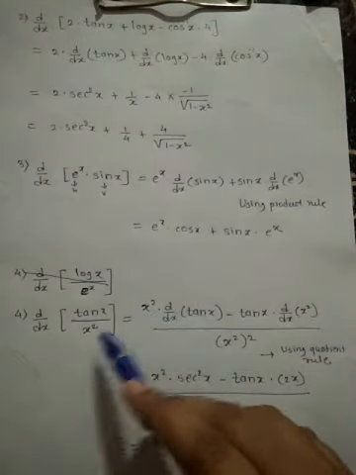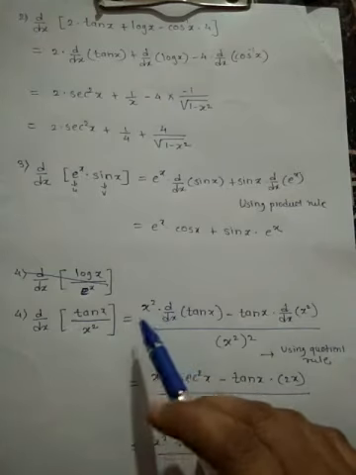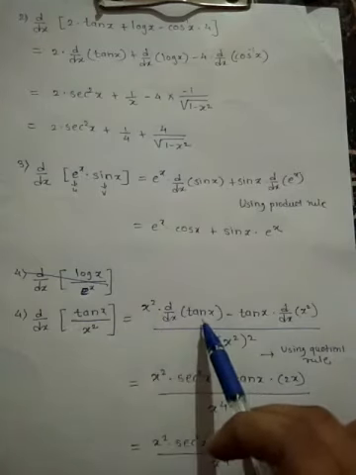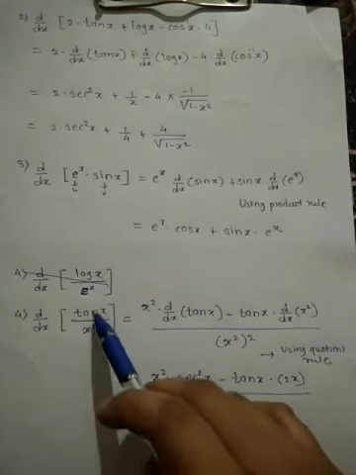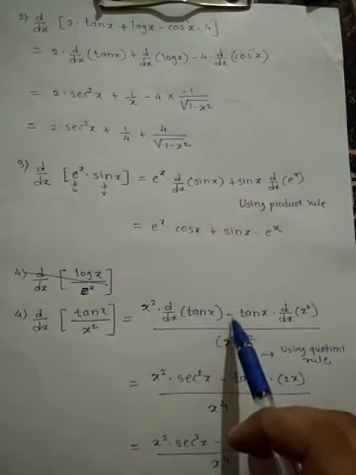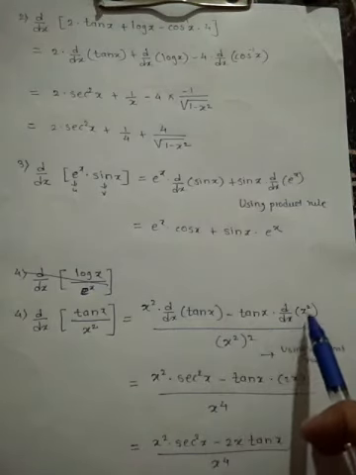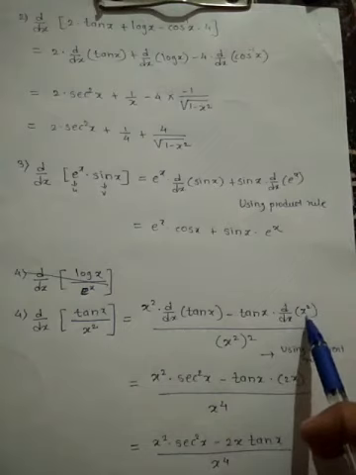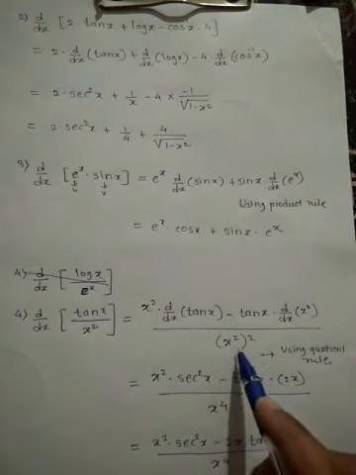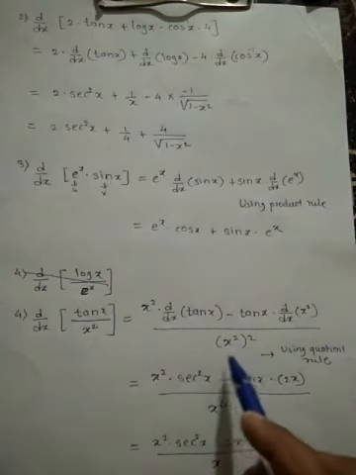Denominator as it is, the denominator is x square as it is, into derivative of the numerator, that is derivative of tan x, minus numerator as it is, tan x as it is, derivative of the denominator, that is x square, divided by square of the denominator, that is square of x square.